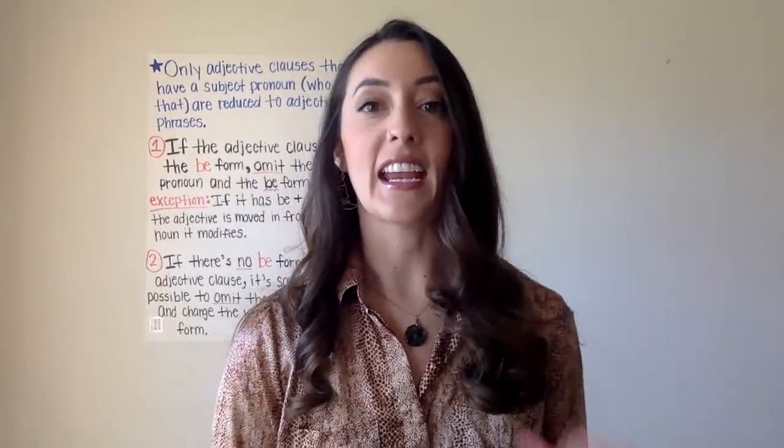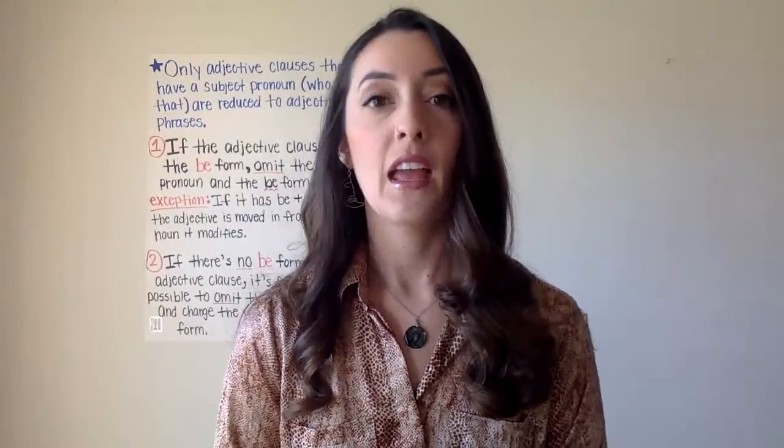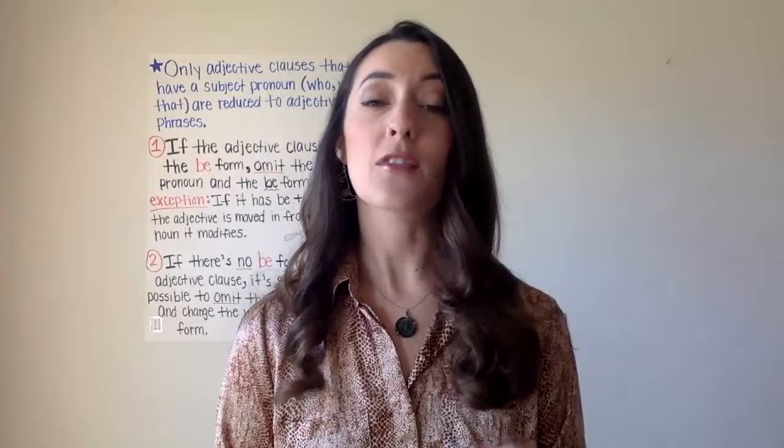All right. So once again, an adjective clause is a group of words that has a subject and a verb, and it just provides a further description or detail. Now, a clause is a group of related words that has a subject and a verb. That's all that a clause is.